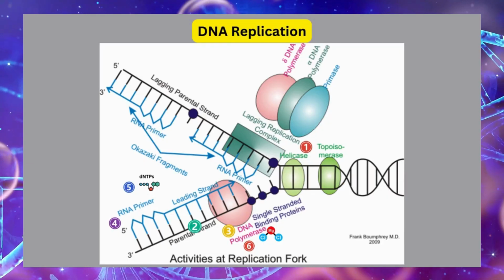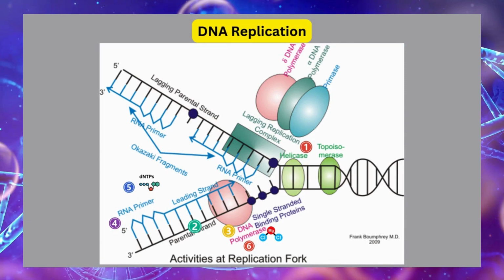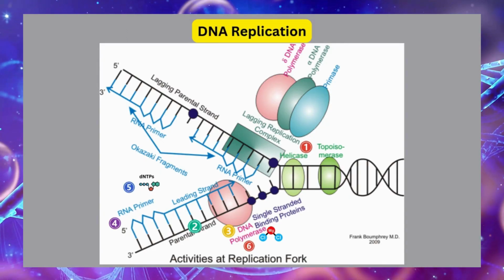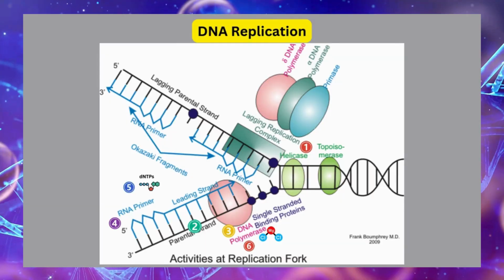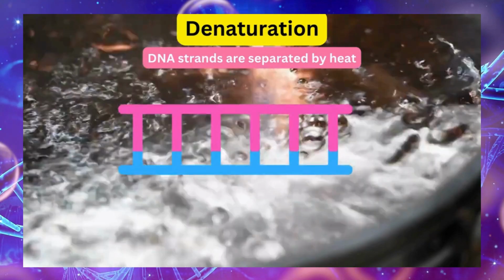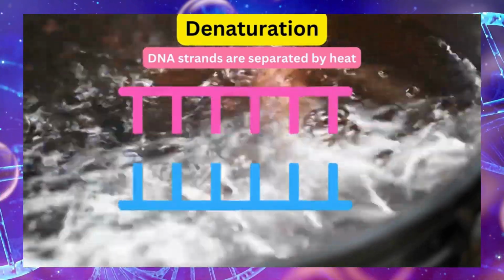PCR cleverly mimics the natural process of DNA replication but in a controlled, in vitro setting. Like in cellular replication, PCR requires DNA templates, primers, nucleotides, and polymerase to replicate a specific DNA sequence. However, PCR resolves several challenges associated with in vitro replication.